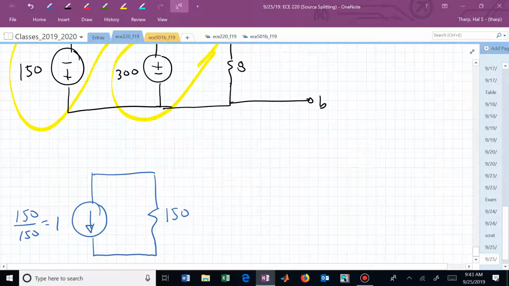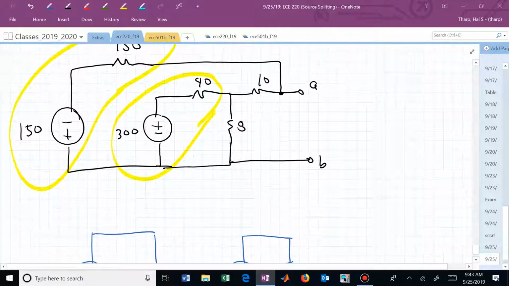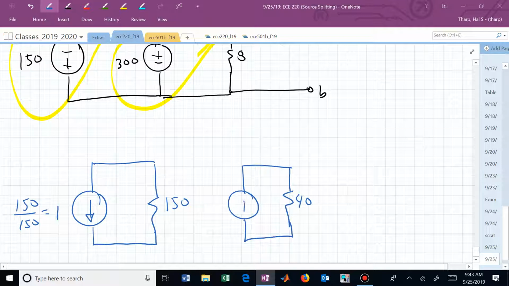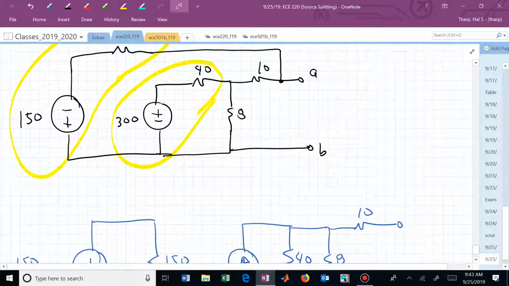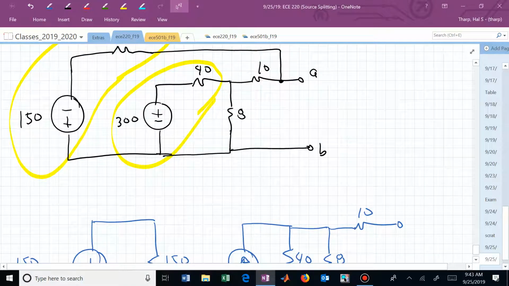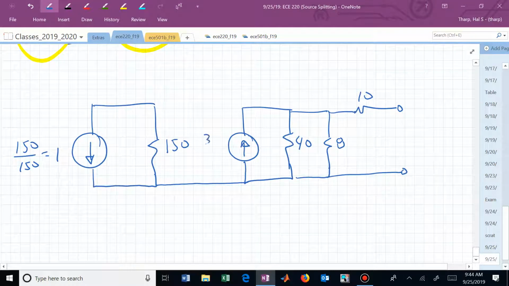Now if I do the second yellow, what's its value? V over R, with V being 300 and R being the 40. And I still have this.